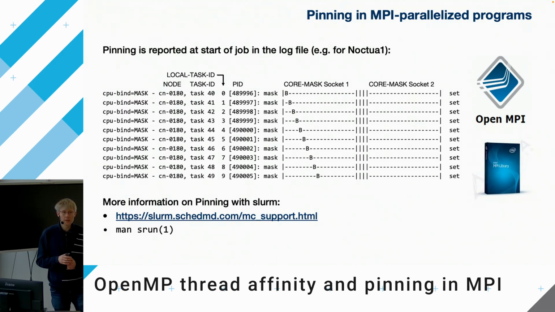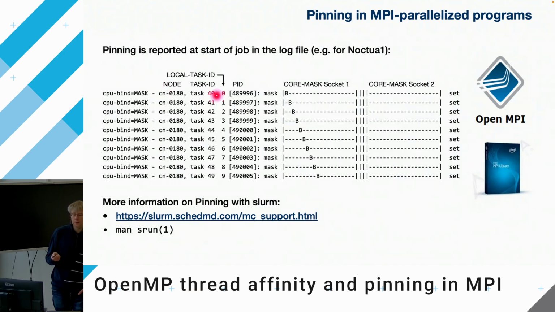And if you're running a job, then at the beginning of the job, you will see this output here that basically explains how the tasks or the processes, a task is a process, are pinned to the cores.